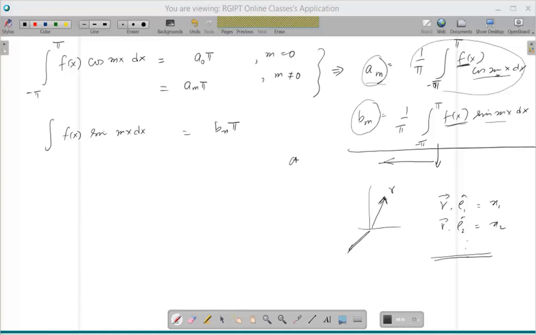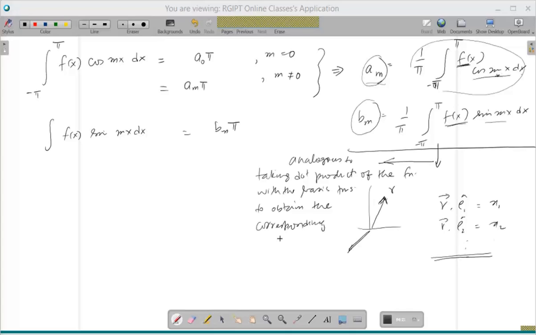So this is analogous to taking the dot product of the function with the basis function to obtain the corresponding weight, that is an or am or bn, right? So that is how you find am and bn.